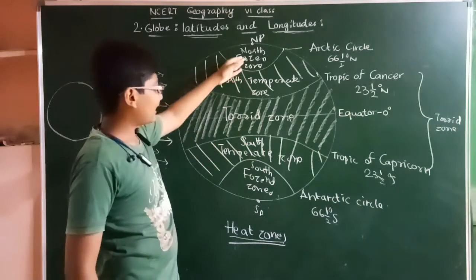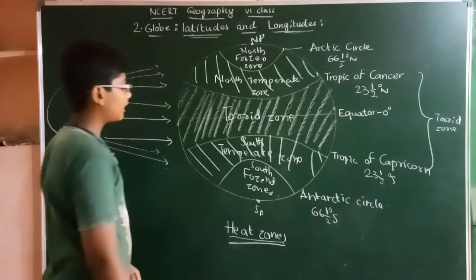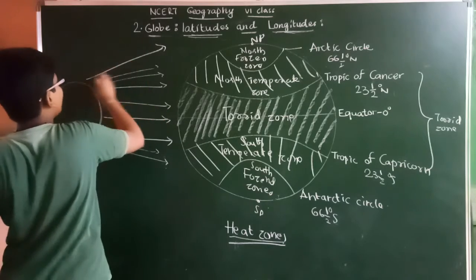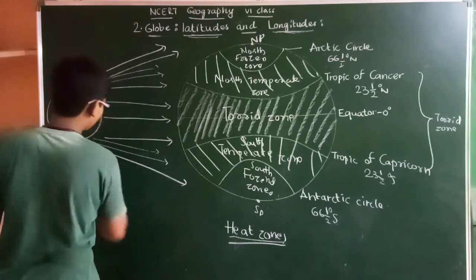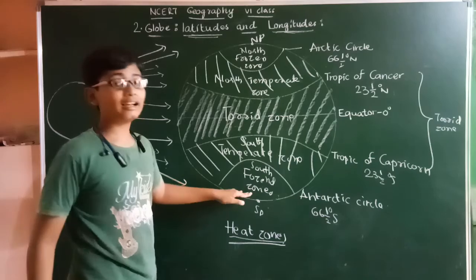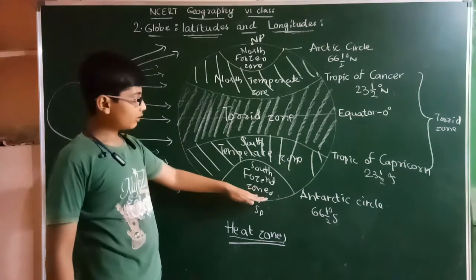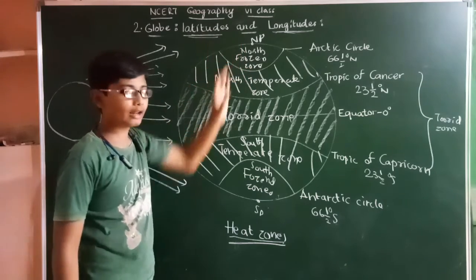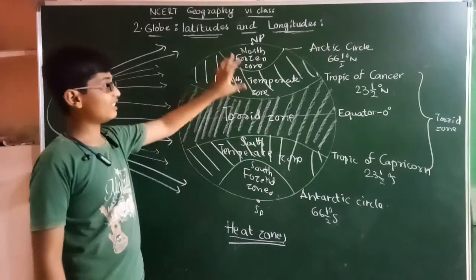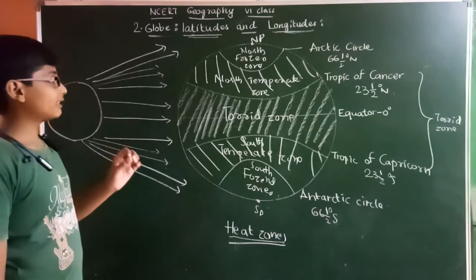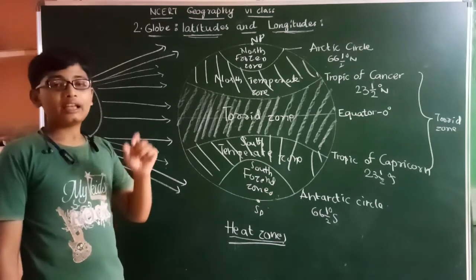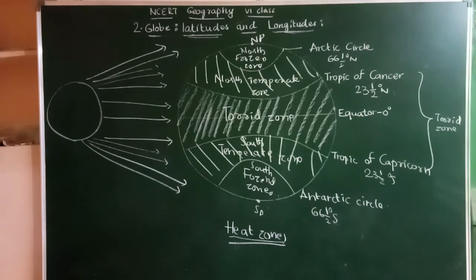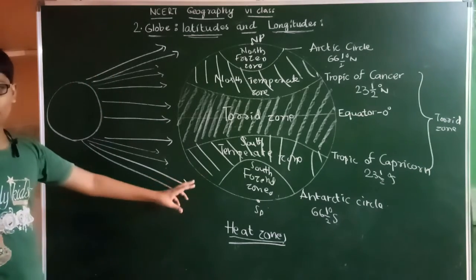This area gets full slanting rays. Sometimes the sun will not rise here, in what we also call the polar region. This region gets sunrise for only 6 months, and that too not above the horizon but below the horizon.